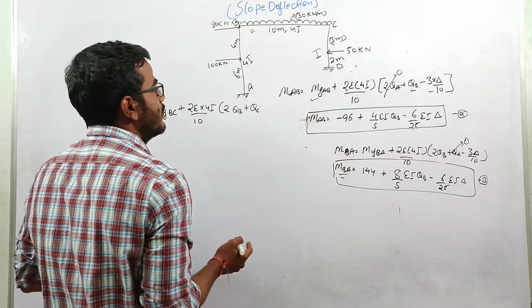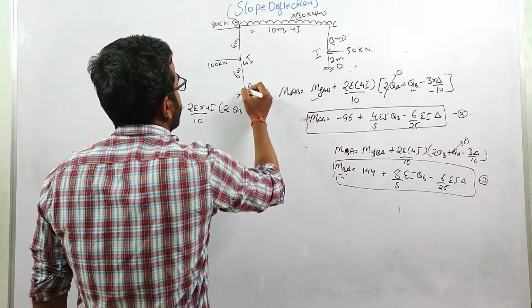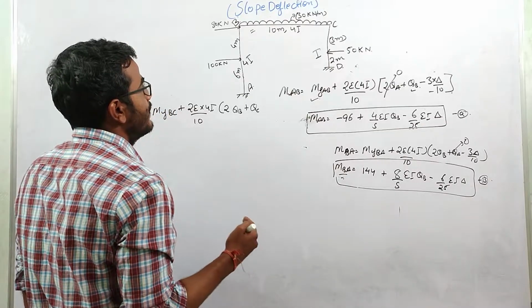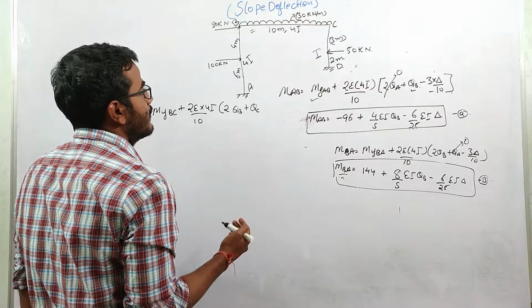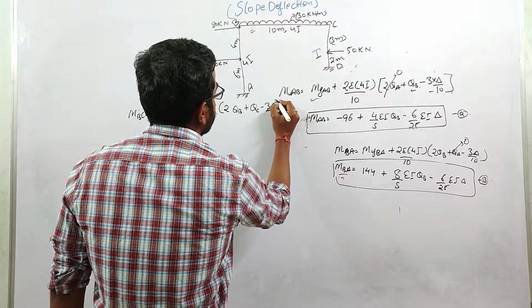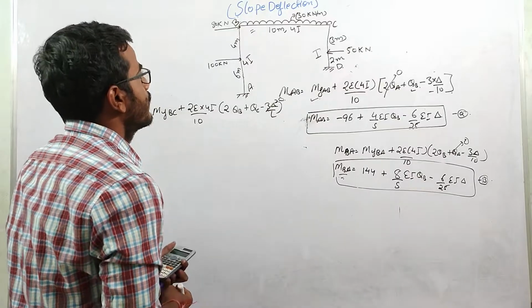Delta will be 0, right? Because we are not considering the column, we are considering this beam only. So for the beam there is no sway over here, right? So this 3 delta term will be 0.